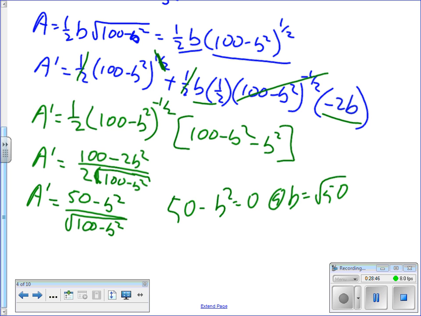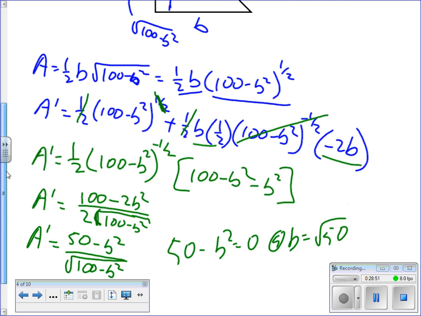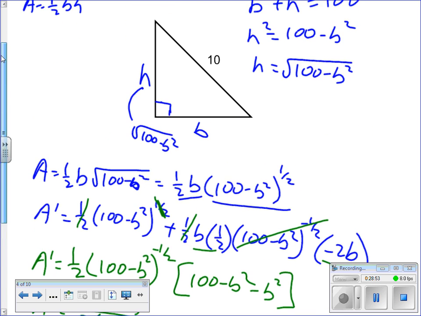So one of my dimensions is the square root of 50. We go back up here. I solve for my base. Square root of 50.